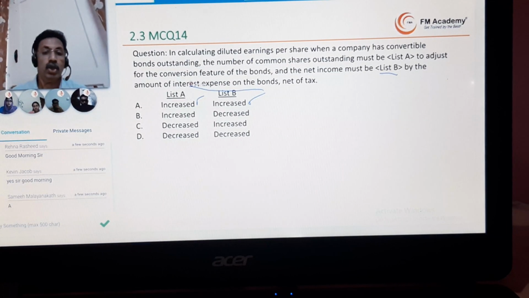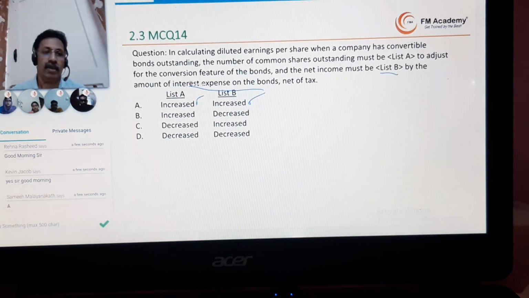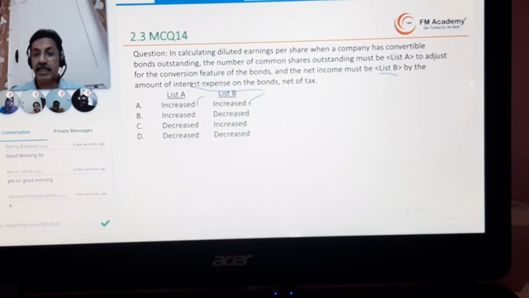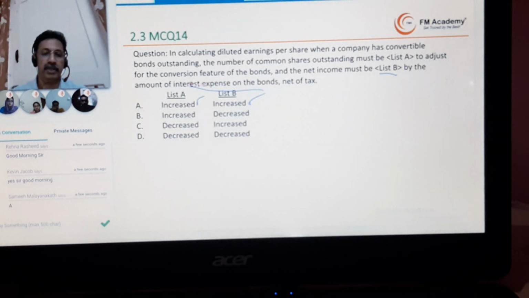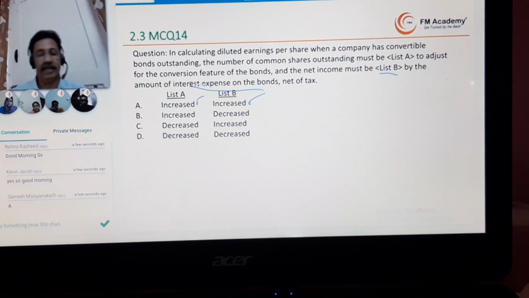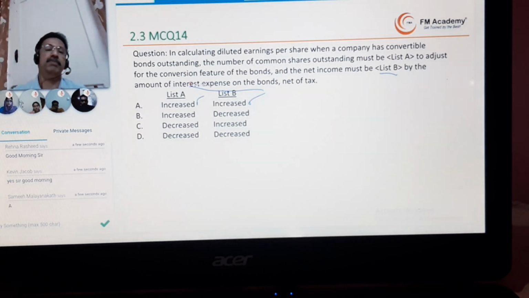Then you will compare that with the BEPS. If the DEPS is less than the BEPS computed, then there is a dilution, and you will take the DEPS. If there is no dilution, DEPS is the same as the BEPS.